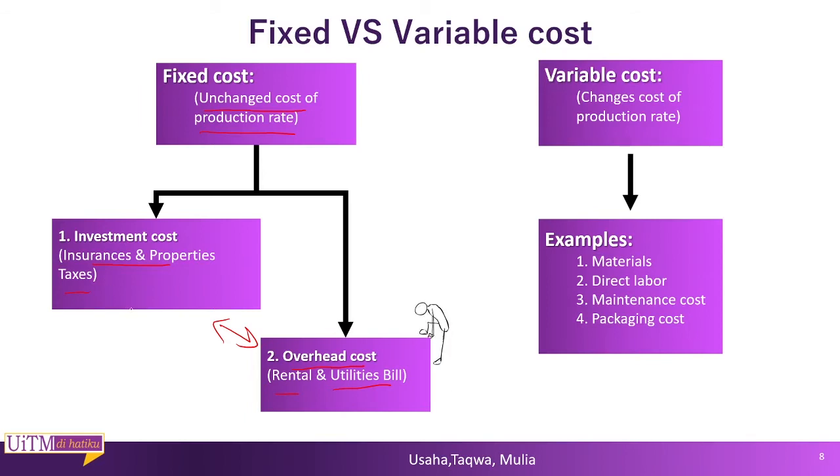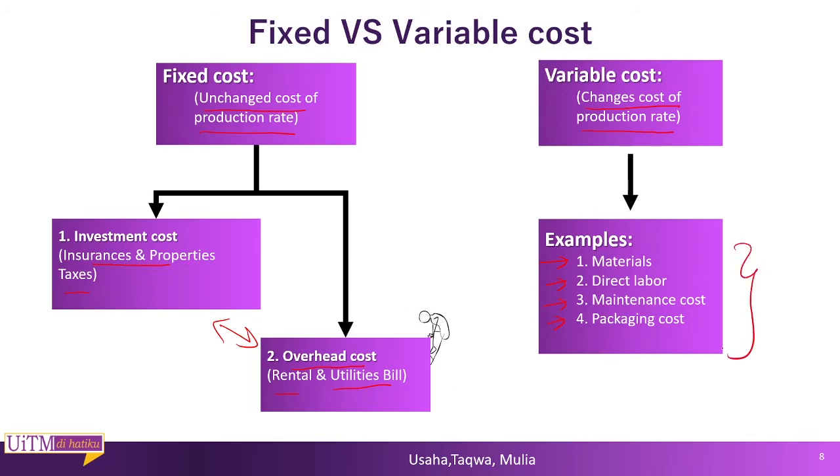And there are some that we pay annually, for example, insurance and property tax. And then for variable cost, it is changing cost of production rate. For example, cost of material will change with the production rate. And then direct labor cost, maintenance costs, and also packaging costs.